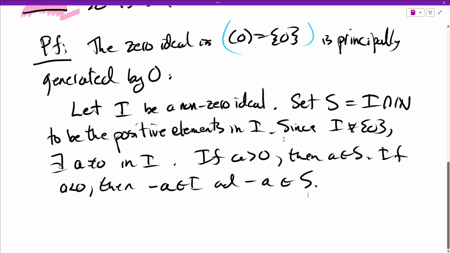So I can multiply a by negative 1 to make it positive. So in particular, S is a non-empty subset of N.